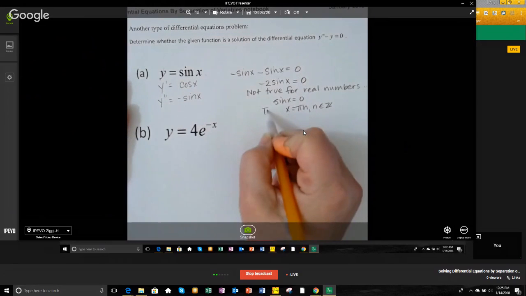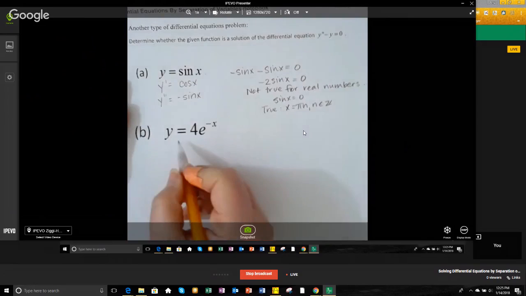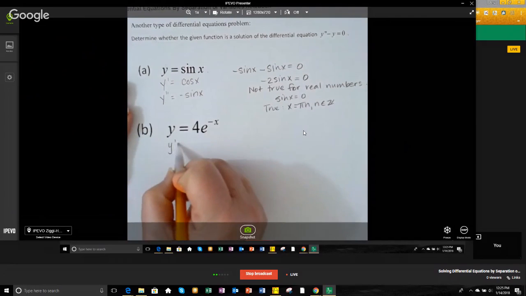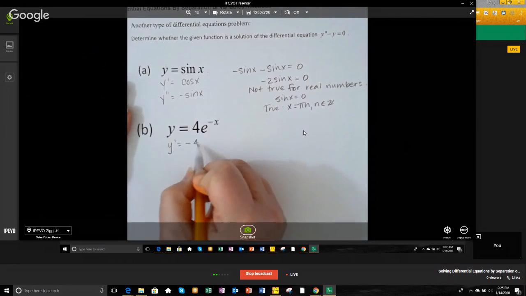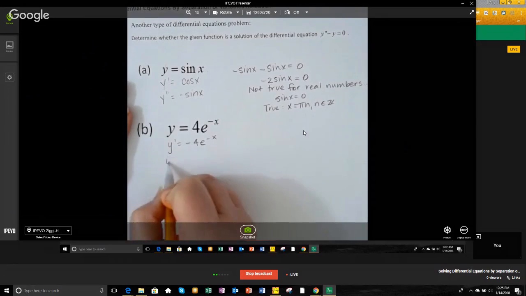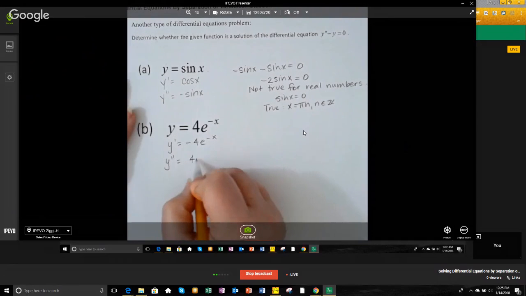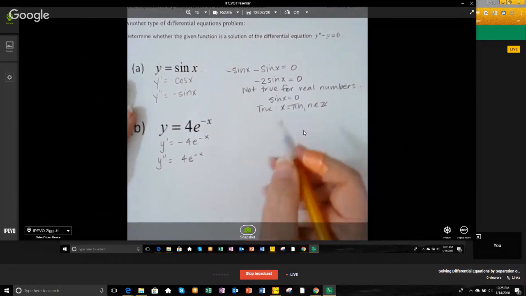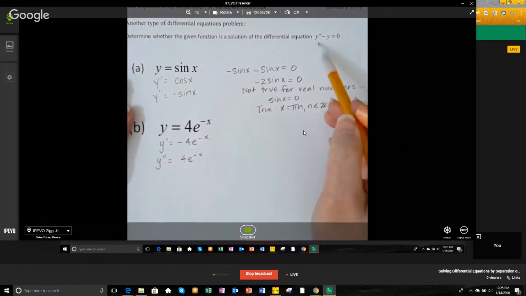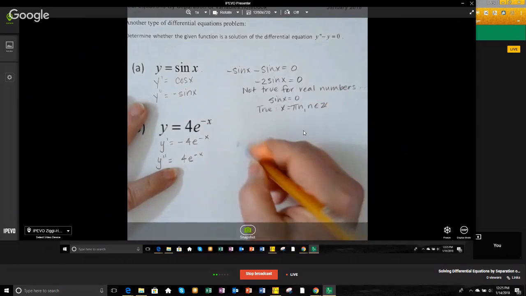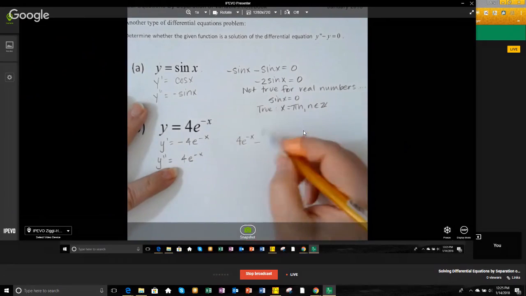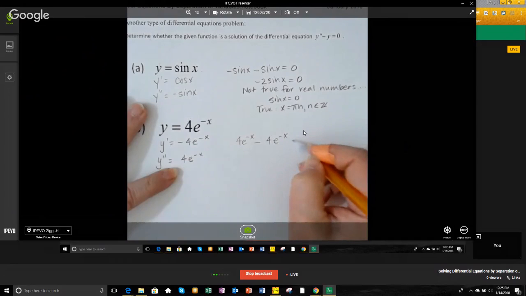So y prime here is equal to negative 4e to the negative x, and y double prime here is 4e to the negative x. So let's see if this fits into our equation. So y double prime is 4e to the negative x minus y, which is 4e to the negative x, equals 0.